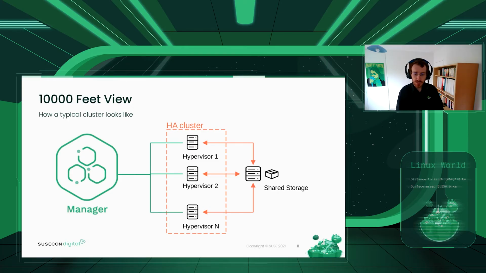In order to be able to run virtual machines on this cluster, we need a shared storage. The shared storage is usually a SAN or an iSCSI server or something like that. It is needed for the virtual machine disks, so that the disk is in one common place for all the hypervisors.